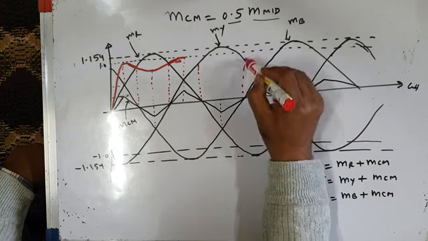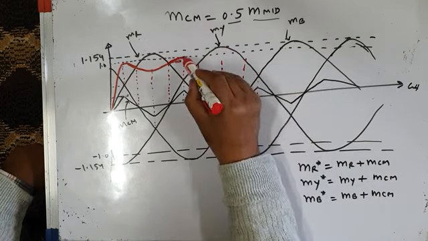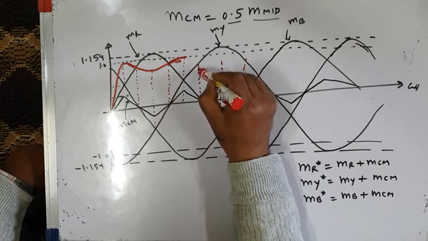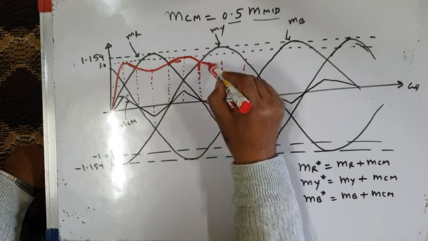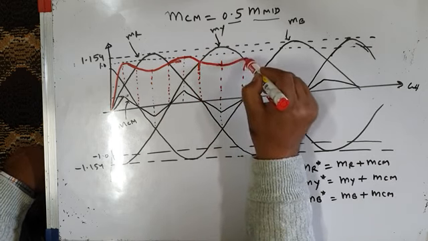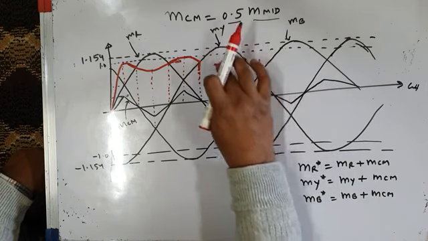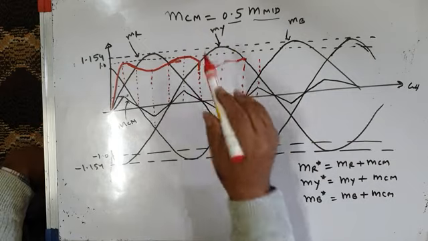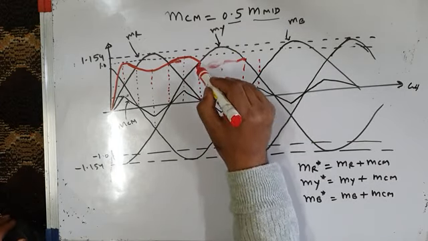This instant, this instant, this instant. So it will again go down. It will have minimum value here, and then it will go up again, and it will have maximum value here. इसके बाद तो ये negative जाएगा. ये negative half cycle अब complete करेगा.